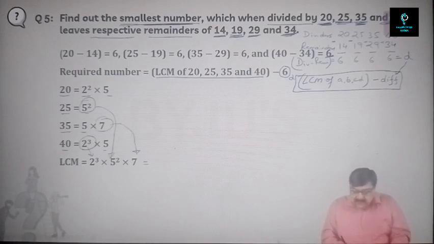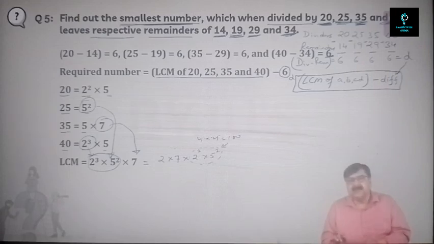Now this can be rewritten as 2 into 7 into, well, here we have 5 square, that is 25. We will multiply it with 2 square, that is 4. So 4 into 25 we know is 100. So this shall be 2 square into 5 square, that is 100. So keep it separate, because at the end you just need to attach 2 zeros on the right hand side of the result obtained here.